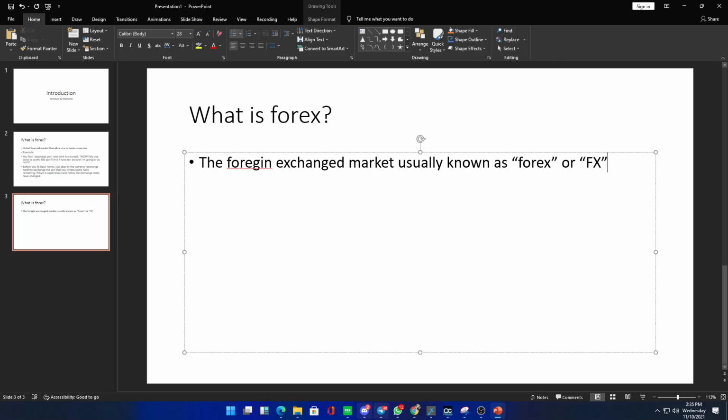Currencies traded, we call ourselves currency traders. We buy currencies hoping that we will be able to sell them at a higher price in the future.